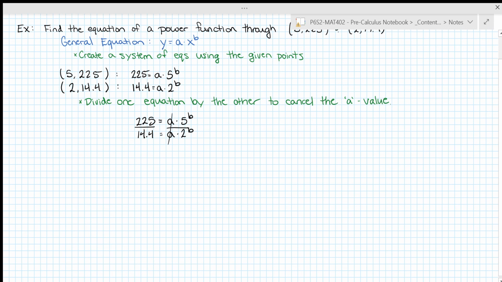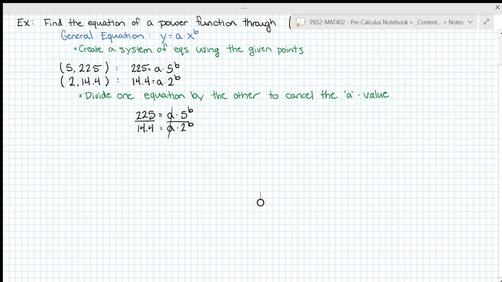So 225 divided by 14.4, if you trust me to be your calculator, I get 15.625 equals a divided by a makes 1, times 5 to the b divided by 2 to the b.